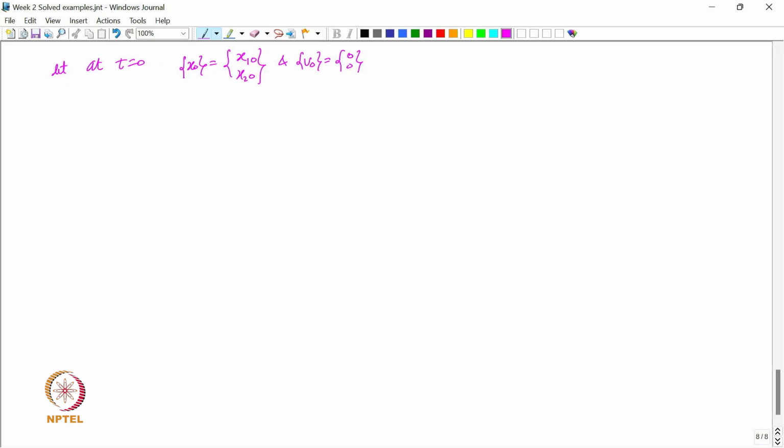So, if you substitute this initial condition in the expression for the free vibration response, then what do you get? X naught will be equal to the sum from I is equal to 1 to 2 of A I psi I cos omega I t, t is 0, right, plus B I psi I sin omega I t, t is 0, right.